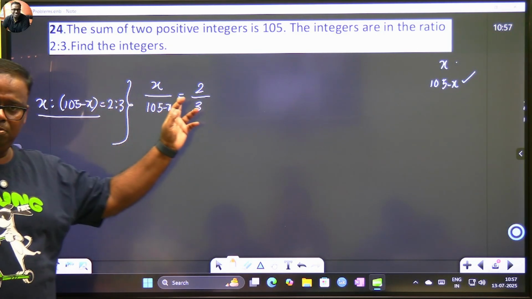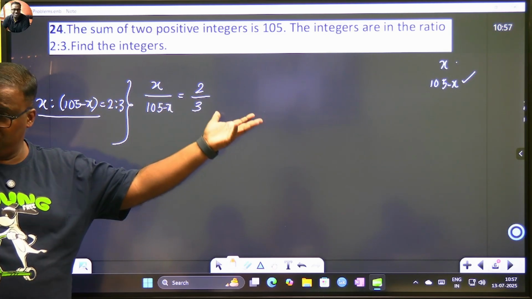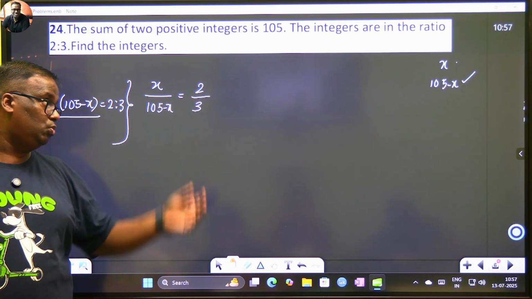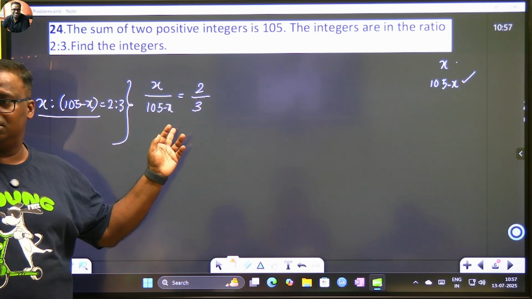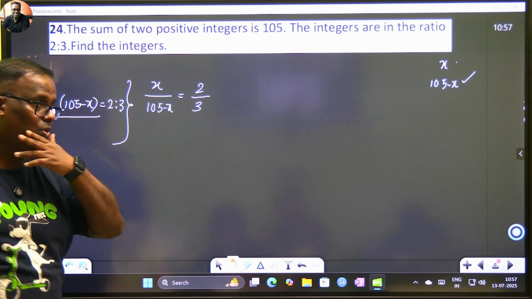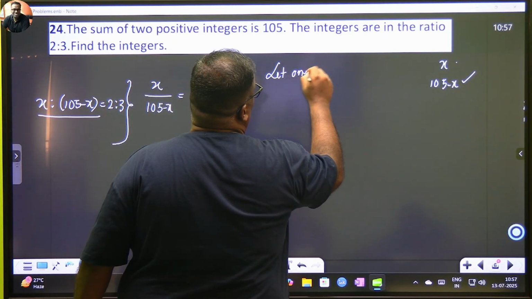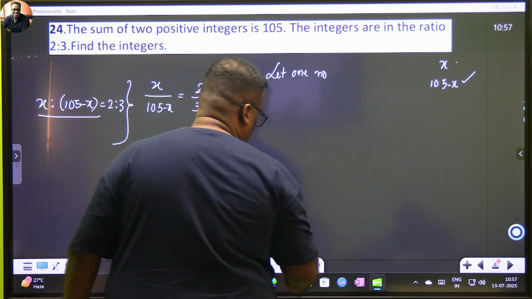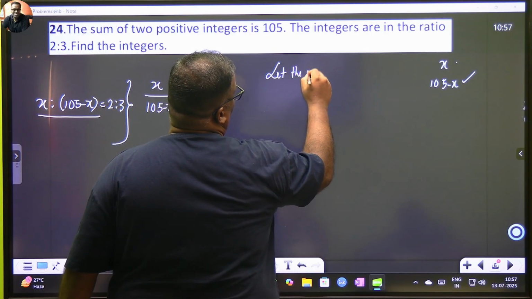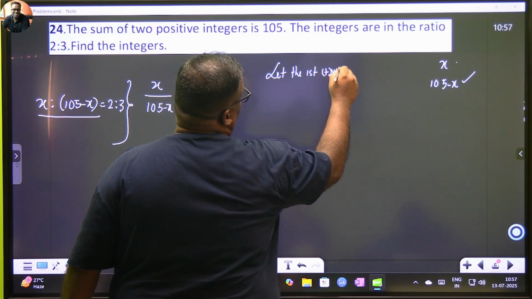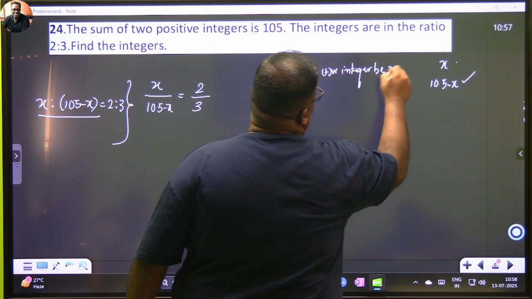Let one number be x. Therefore, the other number is 105 minus x. According to the question, the ratio is what? X by 105 minus x is equal to 2 by 3. So if you want to write this problem, we'll write it as: let the first positive integer, now they have to be positive, children, positive integer be x.